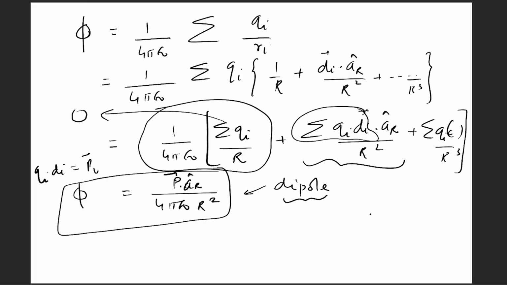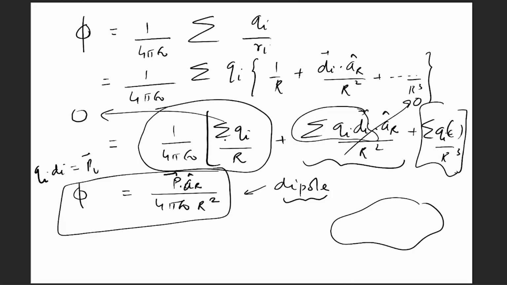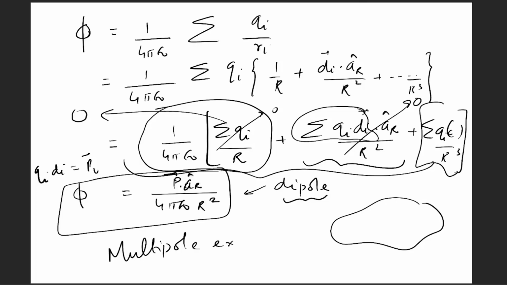But let us say the material is made of such molecules which have further weaker dipole moments. So we will need this further term, and this will be similarly going to 0, like this. For further accuracy, we will have to take further expansion, and that's why this kind of series expansion is called multipole expansion.